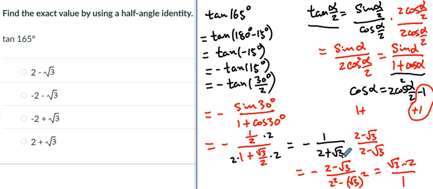And then radical 3 times negative radical 3, you have negative radical 3 squared. And 2 squared is 4 minus radical 3 squared, that's 3. 4 minus 3 is 1. That's why we need the conjugate.